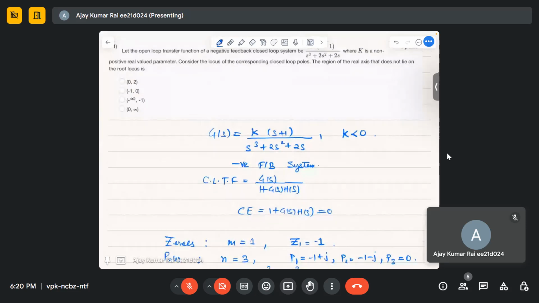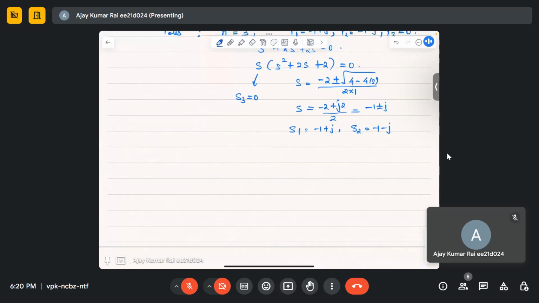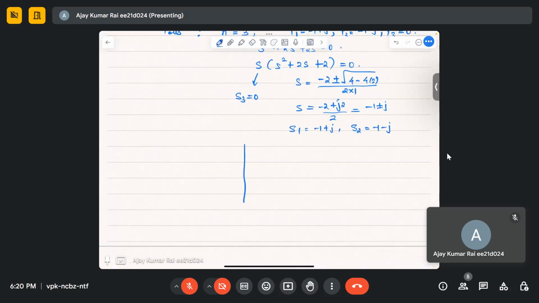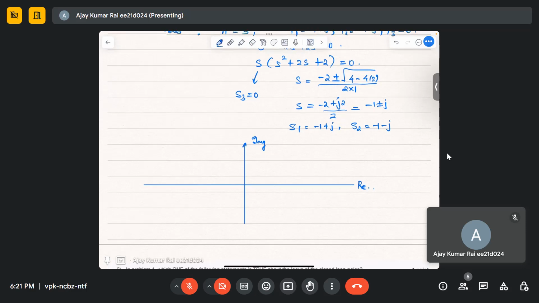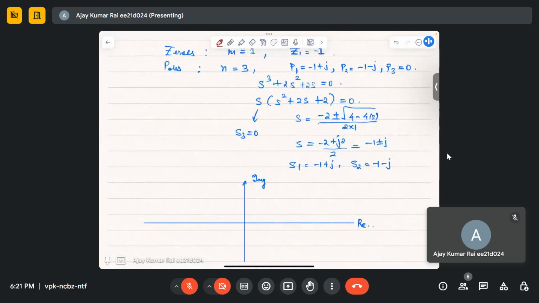Let's do the first step, by plotting in the s plane. Let me first plot the poles.